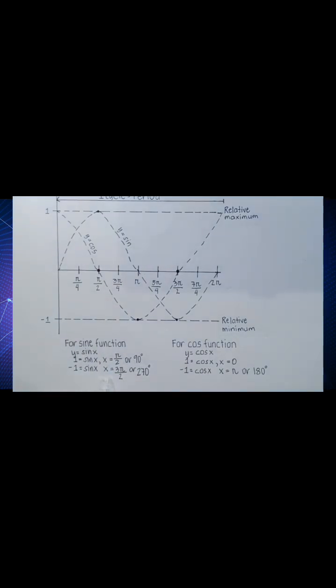For the negative one, sine x where x equals 3 pi over 2 or 270 degrees. So as you can see, for cos we start at the relative maximum, but we stop at 3 pi over 2 the next step. As you can see in the graph, 3 pi over 2 in the sine is at negative 1.